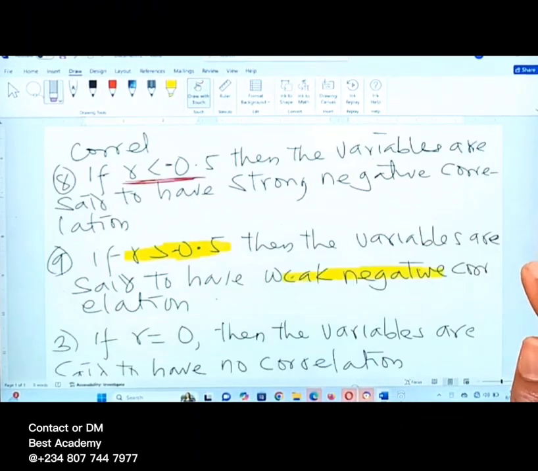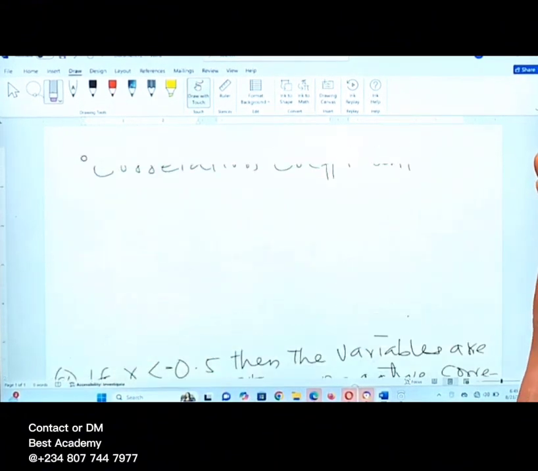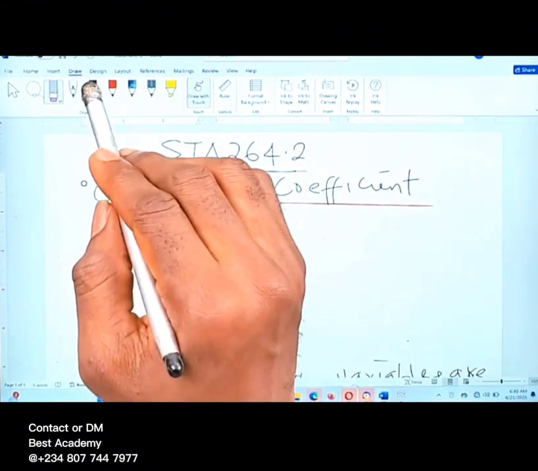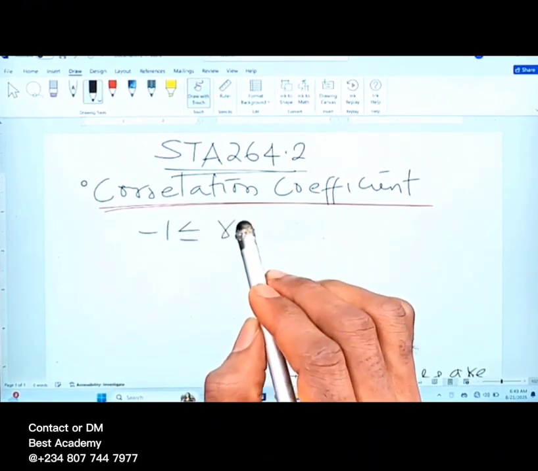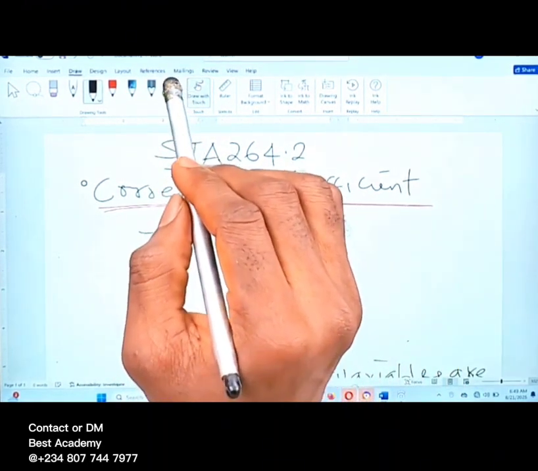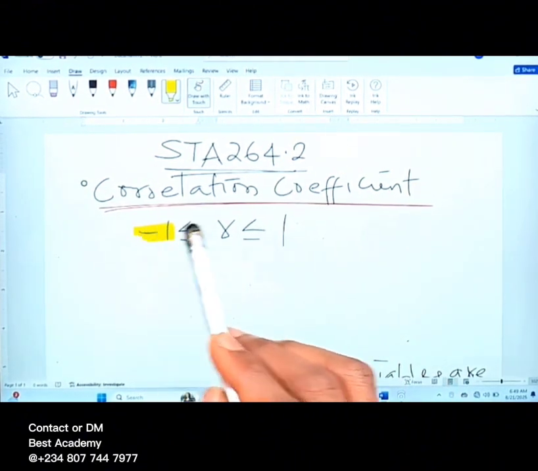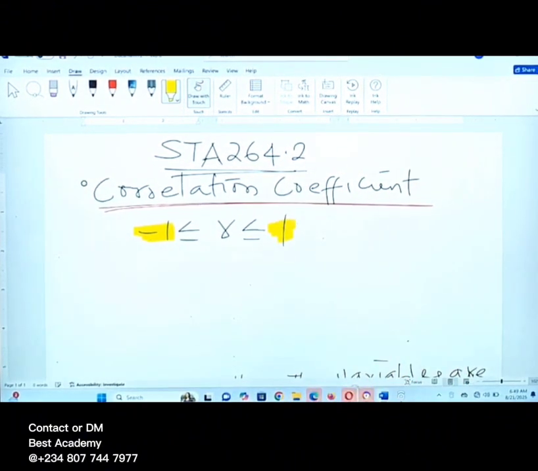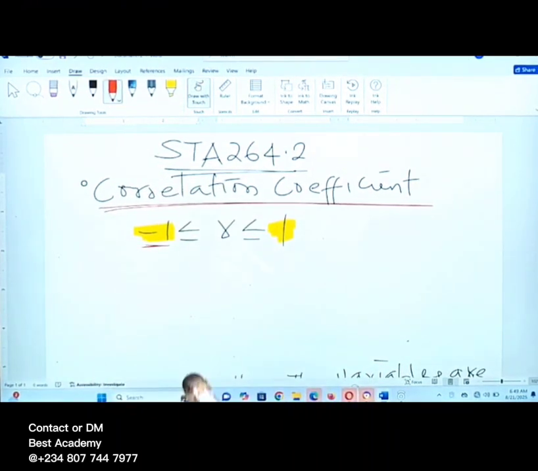Now, the short way to understand the degree of correlation is to understand the range of correlation. Consider the range of correlation is between -1 less than or equal to R less than or equal to 1. So it means that we have a positive part and a negative part. -1 is said to be perfect negative correlation.